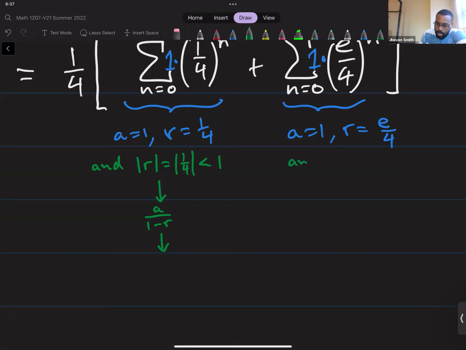And here we have r in absolute values. That is equal to e over 4 in absolute values. Is that less than 1? E over 4. What is e roughly? Because that's actually something that's important to know.